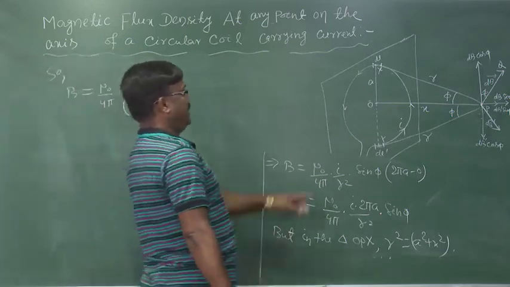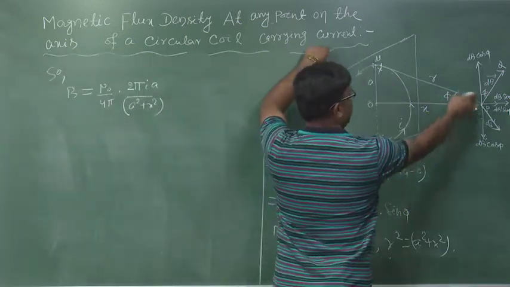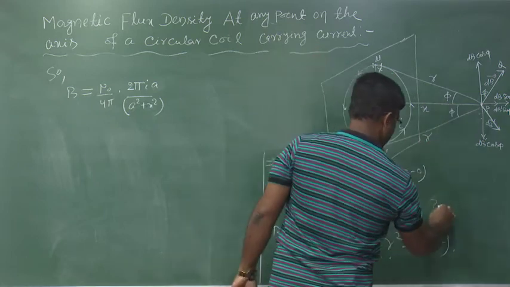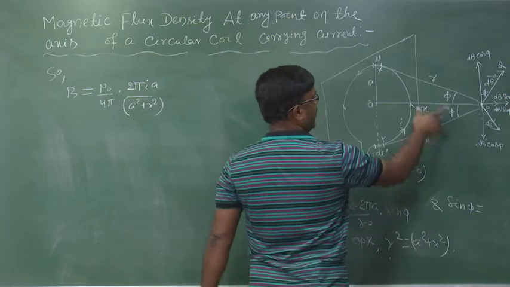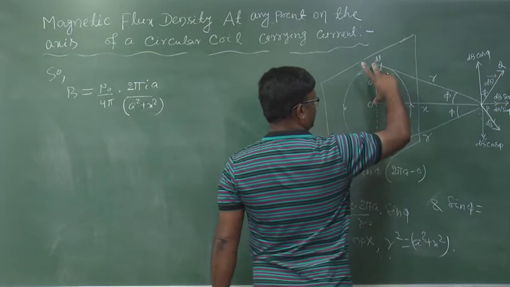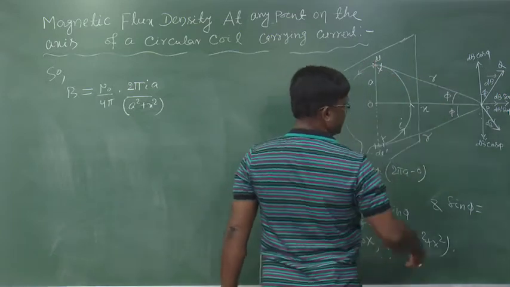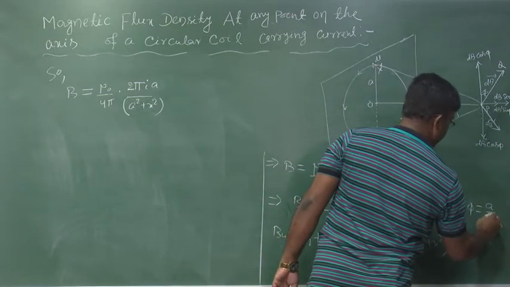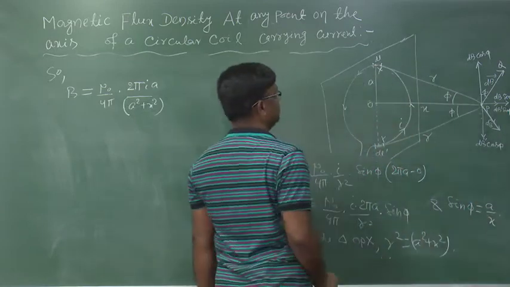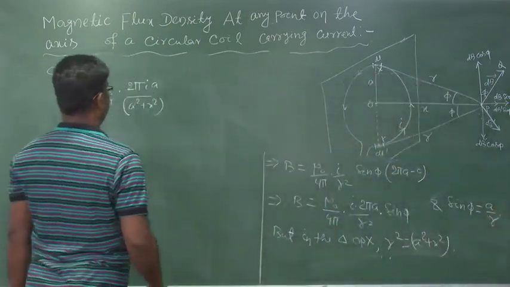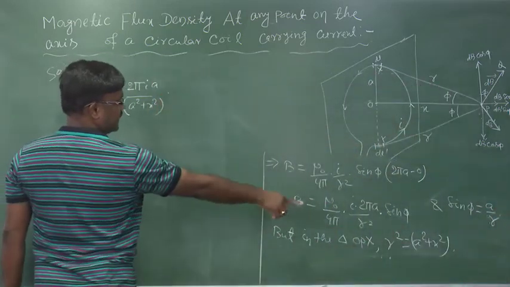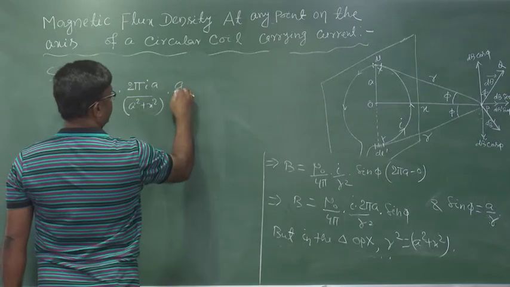Also, in the triangle OPX, sin phi will be how much? Sin phi will be this much by this, so a by r, and here in place of sin phi we can write a by r.